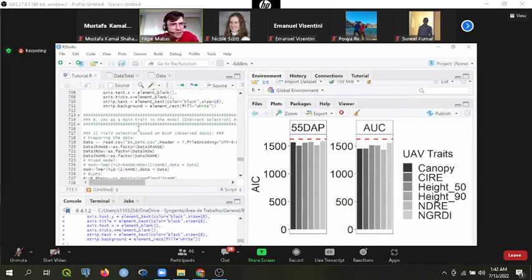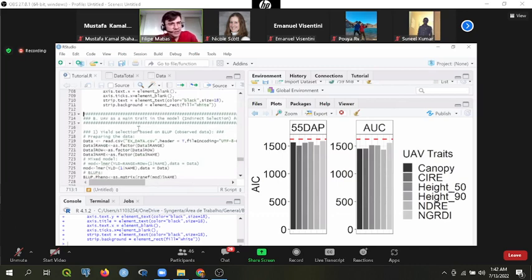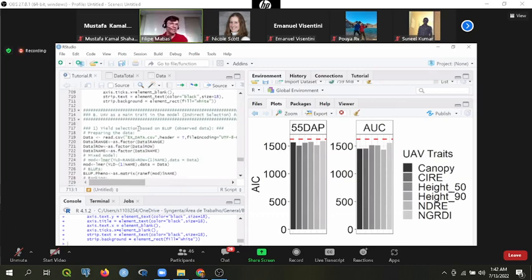And the second suggestion here is the possibility of doing indirect selection using one of those traits. Again, we use here a very simple model. It's very important to include, for example, block effects, row and range. I mean, make the phenotypic mixed model a little bit more complex before coming to this step.